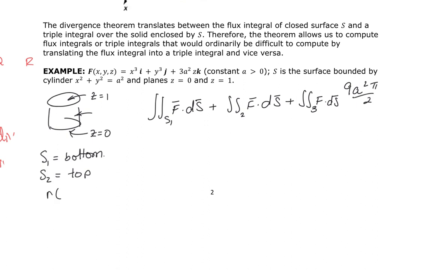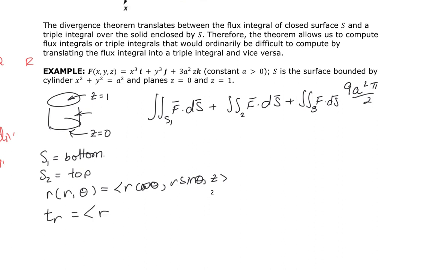I'm going to have r. The only thing that's going to be changing here is r and theta, and z will be z. So r of r and theta is going to be r cosine theta, r sine theta, and z. Then I'm going to take the partial derivative with respect to r.